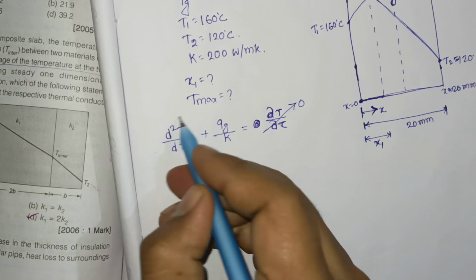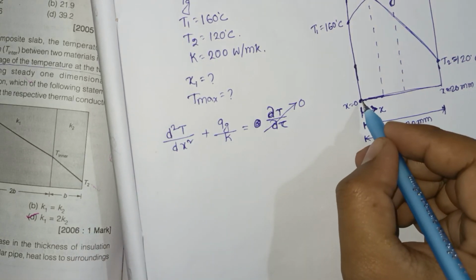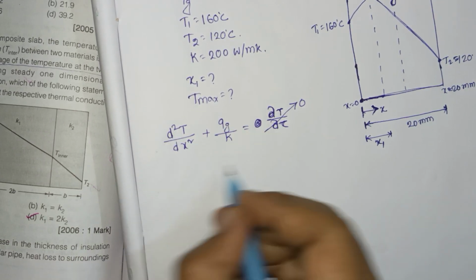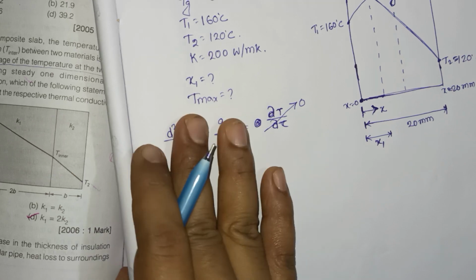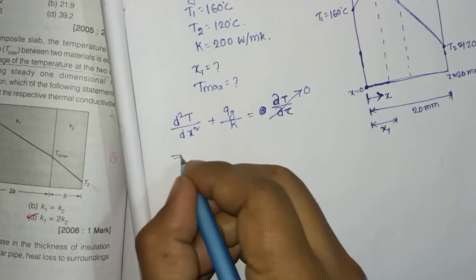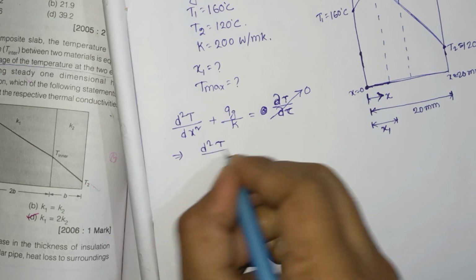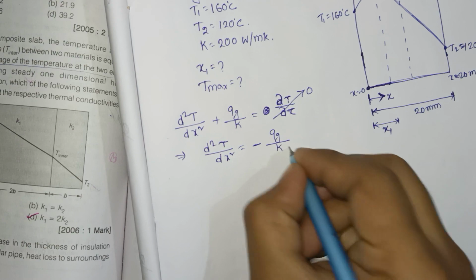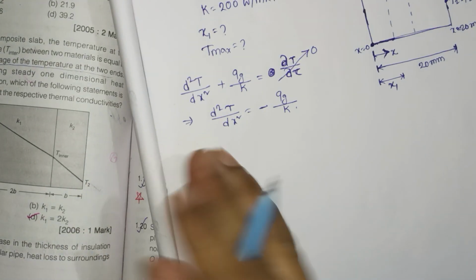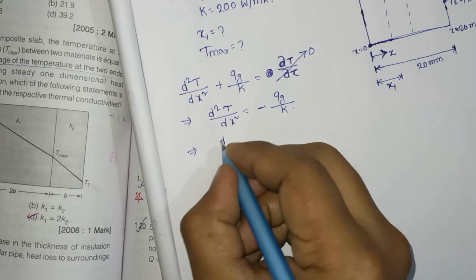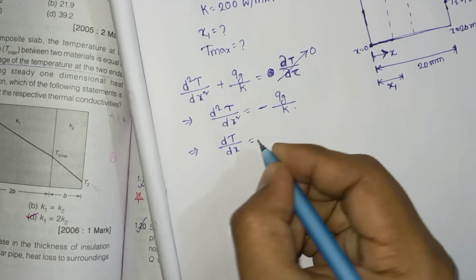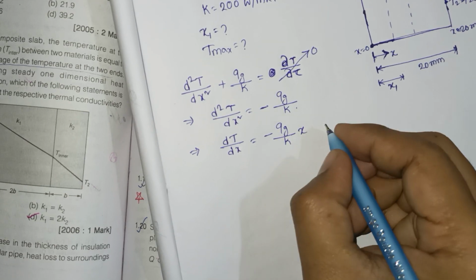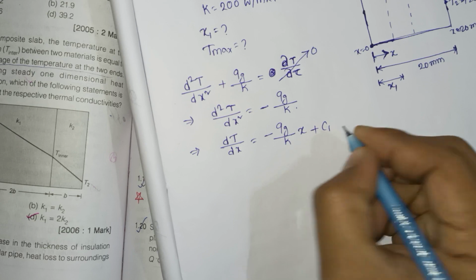It is one dimensional, meaning heat is transferred only in the x direction, and there is heat generation in this plate. So from this, d2T upon dx square is equal to minus Q_G by k. If you integrate this, dT by dx is equal to minus Q_G by k x plus C1.